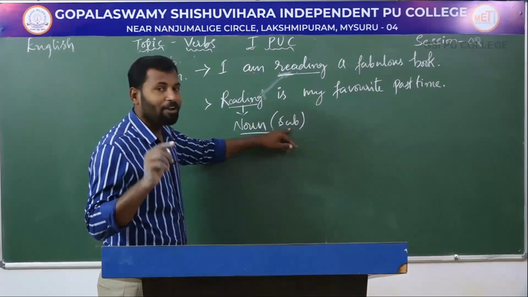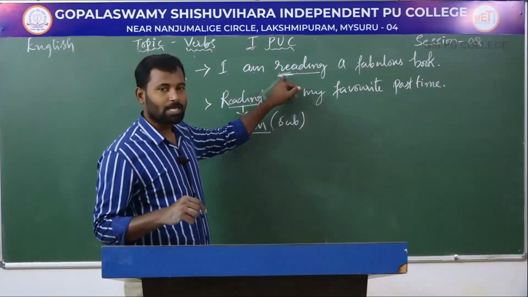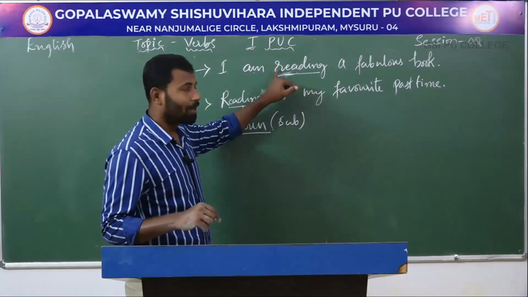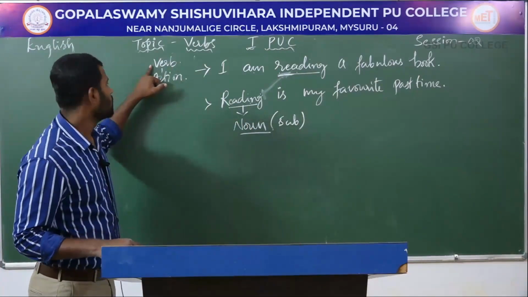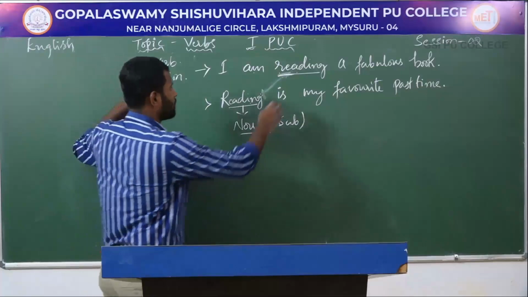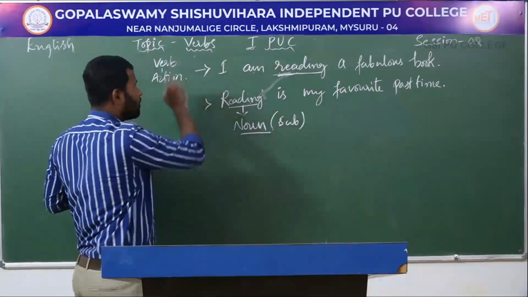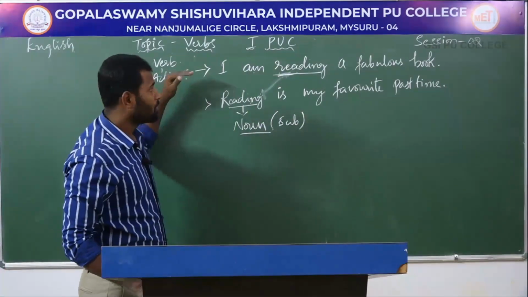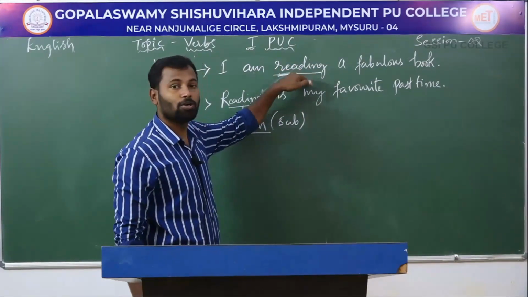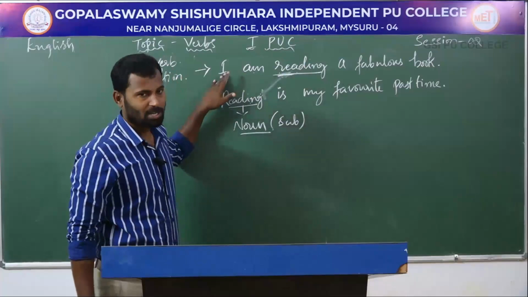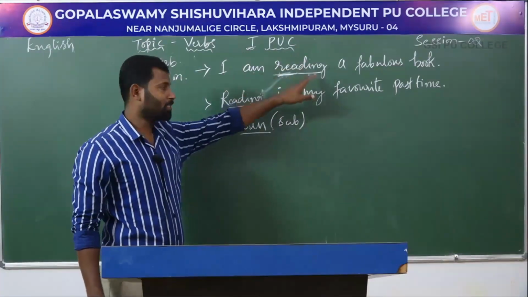So the difference is, in the first sentence, this word reading, a verb, shows an action. It is an action word, since it is used here to denote the action of the subject.